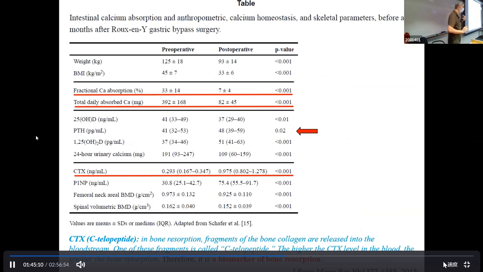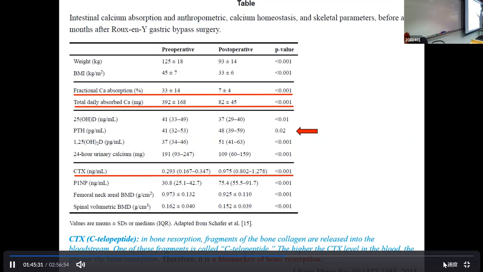This is just a study, and I will explain it to you, and I only highlight a few points. Intestinal calcium absorption, anthropometric calcium homeostasis, and skeletal parameters before and 6 months after Roux-en-Y gastric bypass.